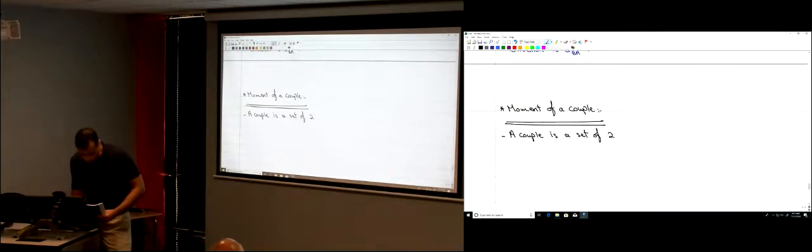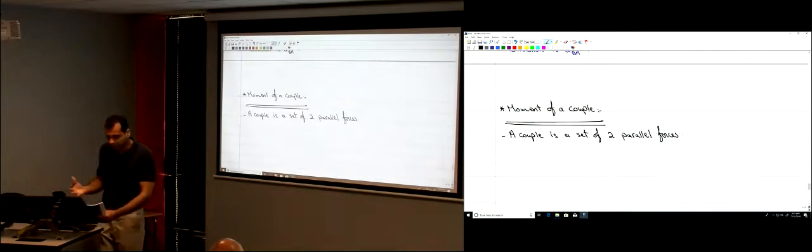So, moment of a couple, okay? So what is a couple? A definition, we have a new word here, couple. A couple is a set of two parallel forces.